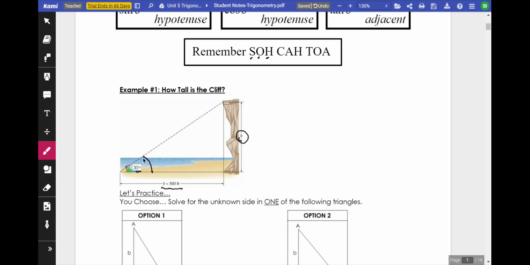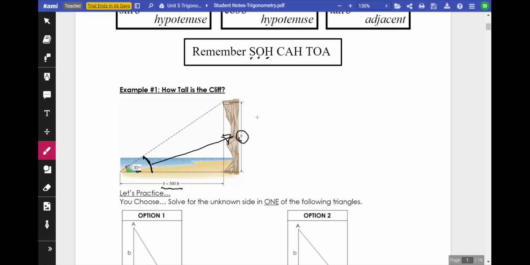So when you're deciding which of the three trig functions to use to help you solve for an unknown, you look at the three pieces of information, the two that you know and the one that you're looking for. So you always have to reference from the angle that you're looking at. In this case, it's this angle down here. So from 30 degrees, we look straight across because that's the one that we need.